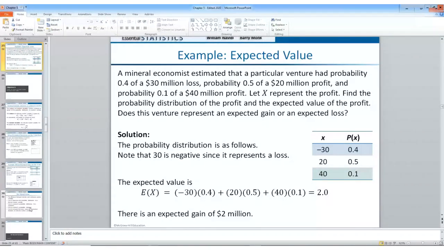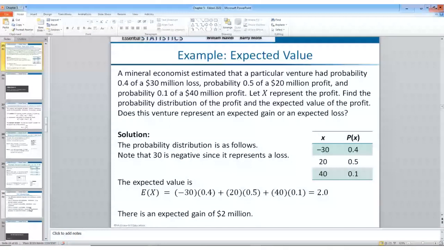But believe it or not, probability can be used in other kinds of situations than just games of chance. The way that they set insurance rates is actually based upon probability. This is an example of something that a mineral economist has put together.